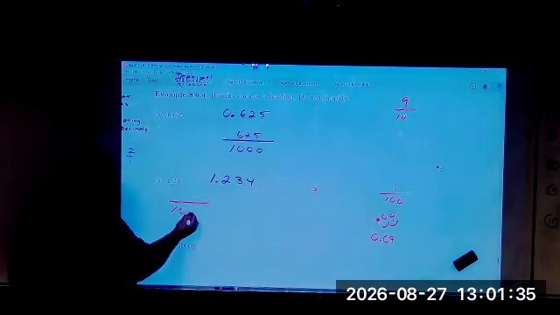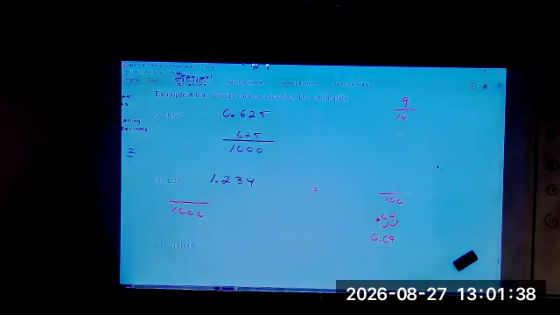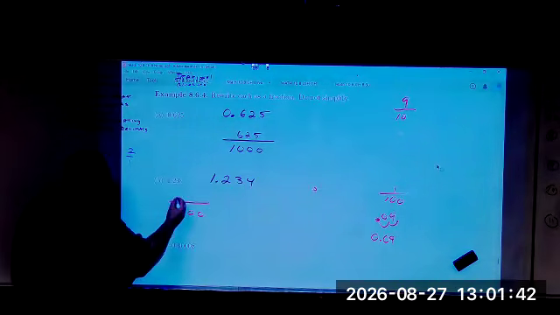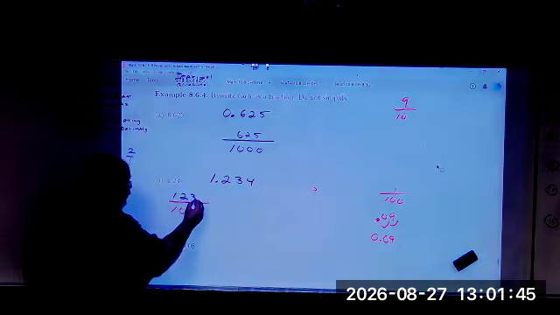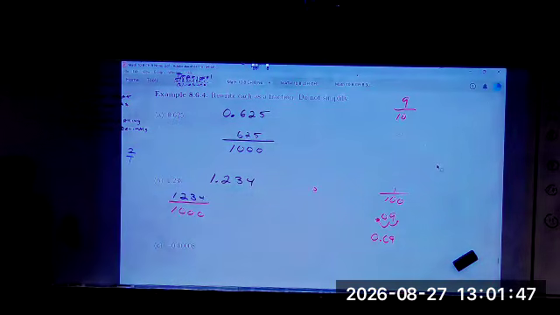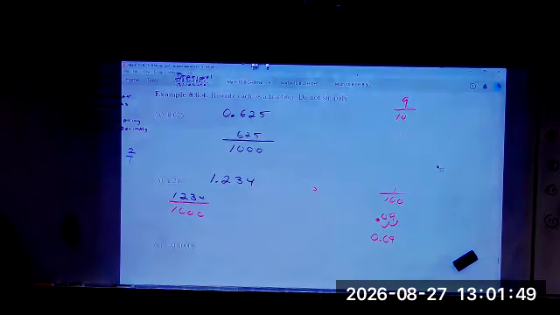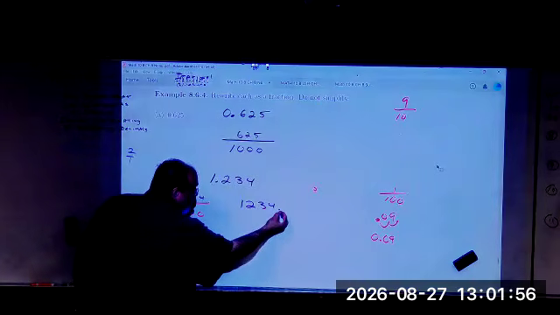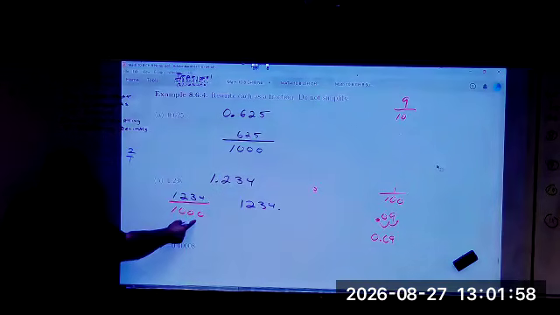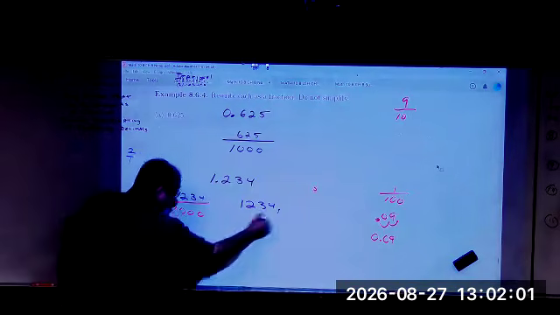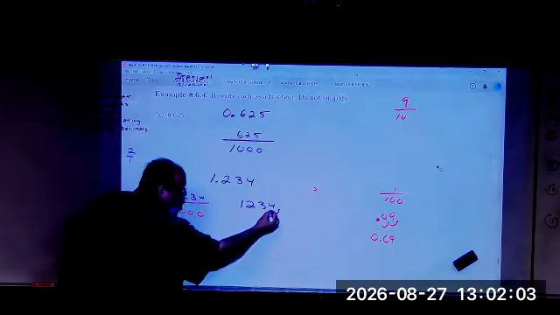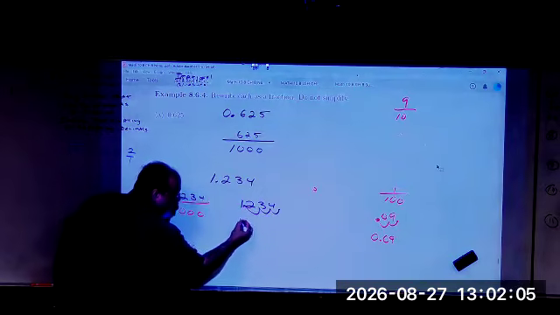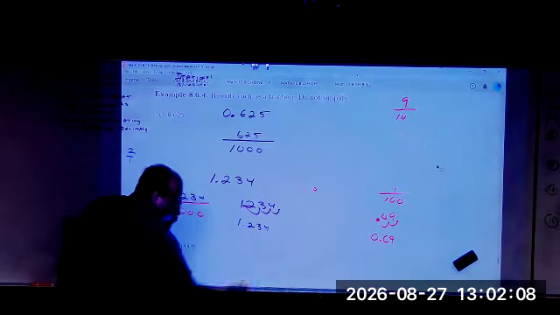So you have 1,000 down below. And then the numerator is that number without the decimal. It is 1,234. Because if you took 1,234 and divided by 1,000, you would be moving the decimal 3 places to the left, and you would get 1.234.